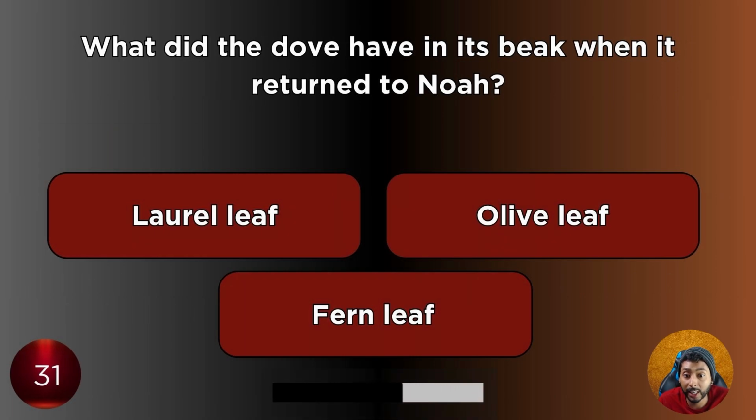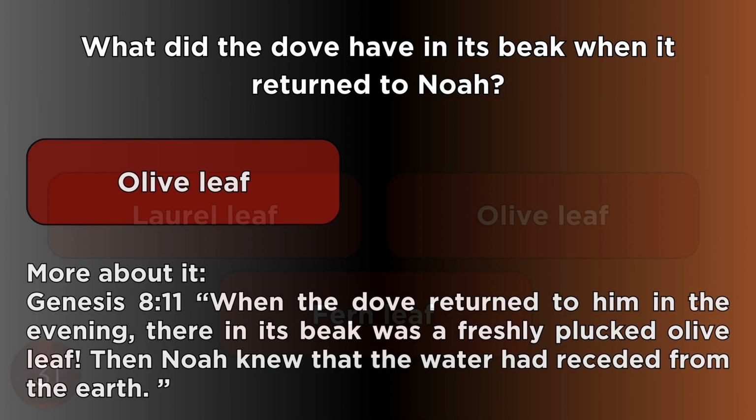Laurel leaf, olive leaf, or fern leaf? Olive leaf. Genesis 8:11. When the dove returned to him in the evening, there in its beak was a freshly plucked olive leaf. Then Noah knew that the water had receded from the earth.